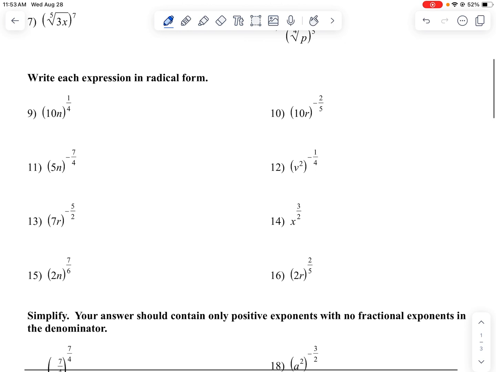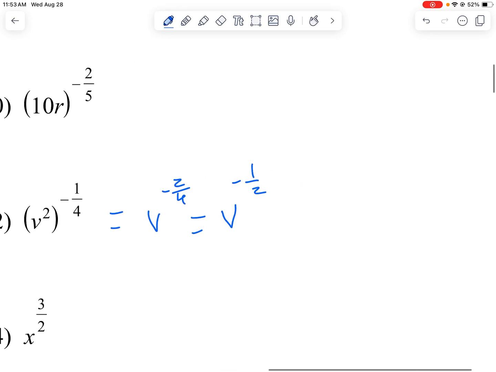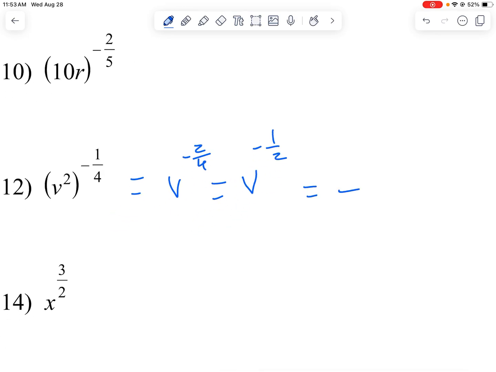In the second section, again, you're going to convert these to the other form, which is radical form. I'm going to look at 12 here. I can actually do some simplifying here. These can combine, so I can get v to the -2/4 power, which is v to the -1/2 power. The negative exponent lets you know it's going to be in the denominator. And the 1/2 lets you know that it's going to be the square root of v.